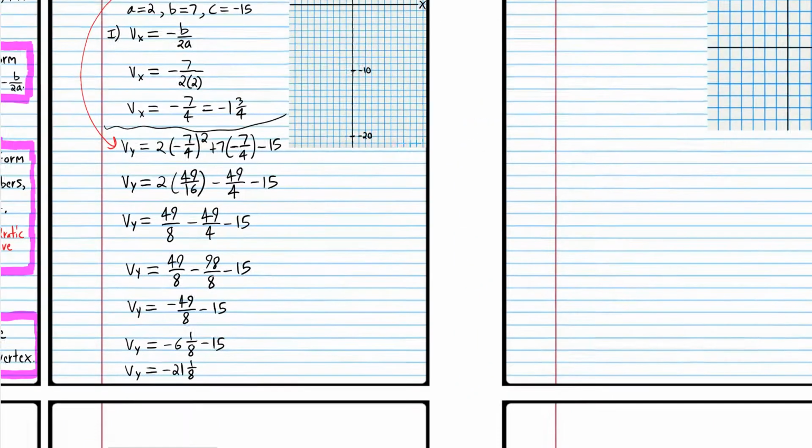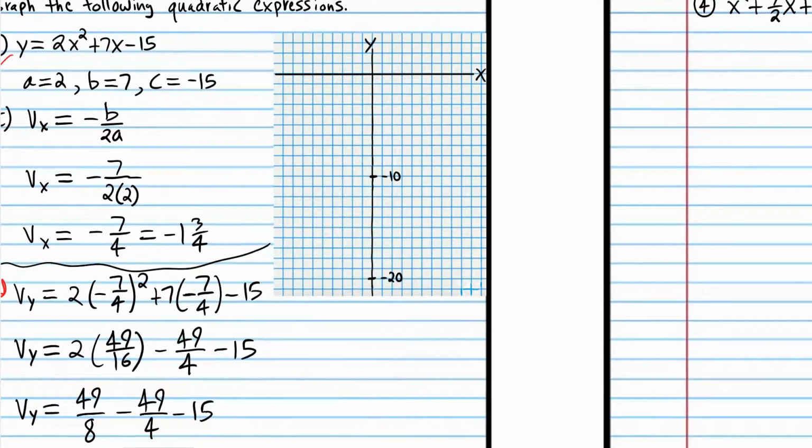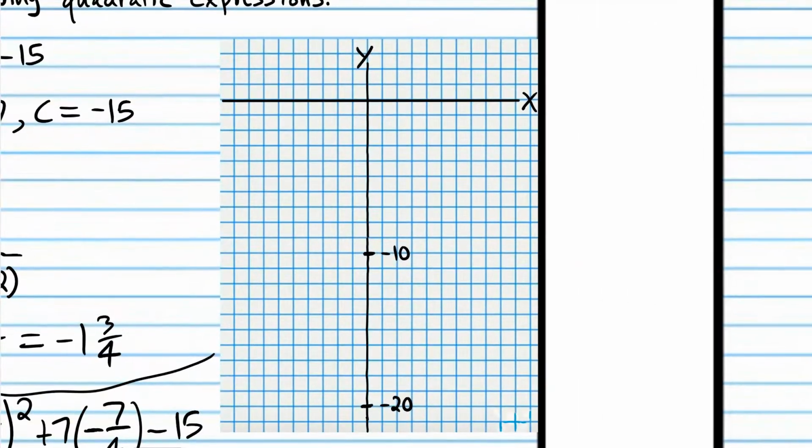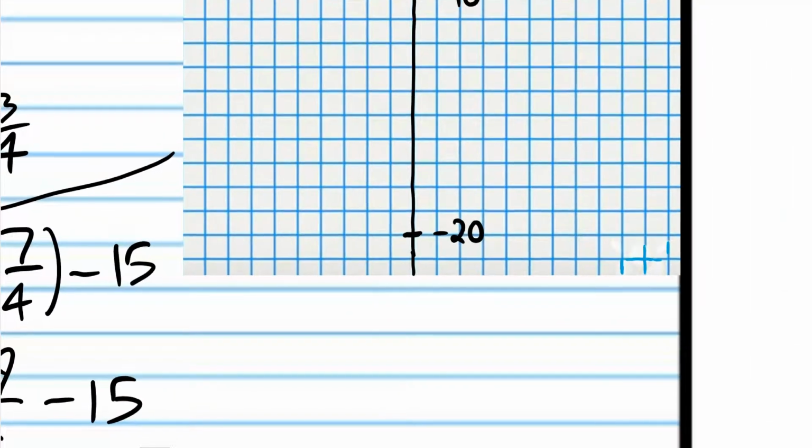So now we have the coordinates of the vertex. So we're going to go over to the left, negative 1 3/4, and then we're going to go down all the way to negative 21 1/8. So that's going to be about here, somewhere about there.